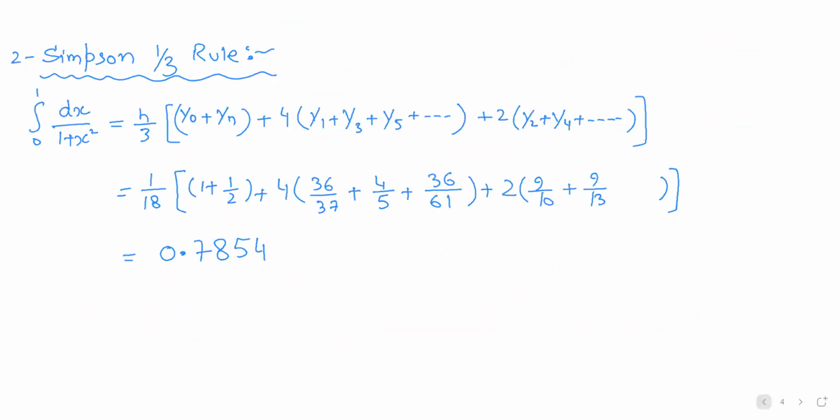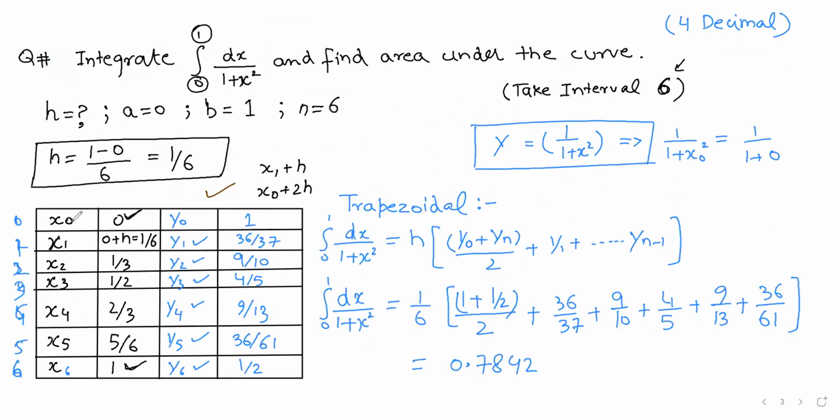N is equal to, in here, this one is correct. We will count n as 1, 2, 3, 4, 5, 6. Okay, so we will count in this way: 1, 2, 3, 4, 5, 6, and 7. So the intervals were okay.